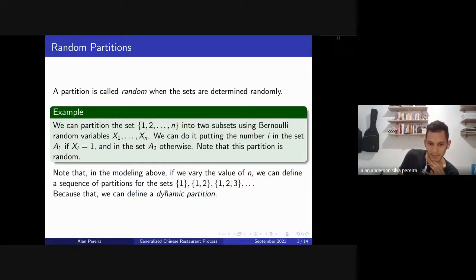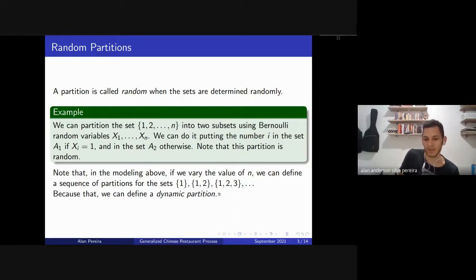So we can partition the sequence of sets. We can partition this first set by Bernoulli's, for example. We can partition also the second set, 1, 2, by Bernoulli's.